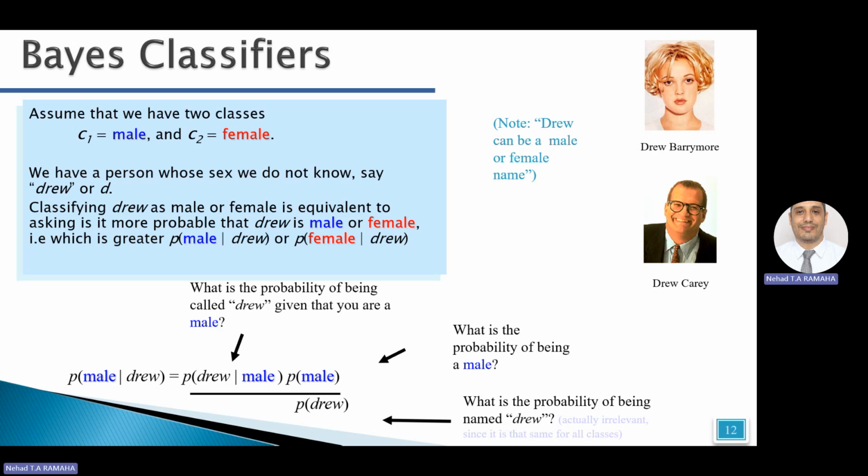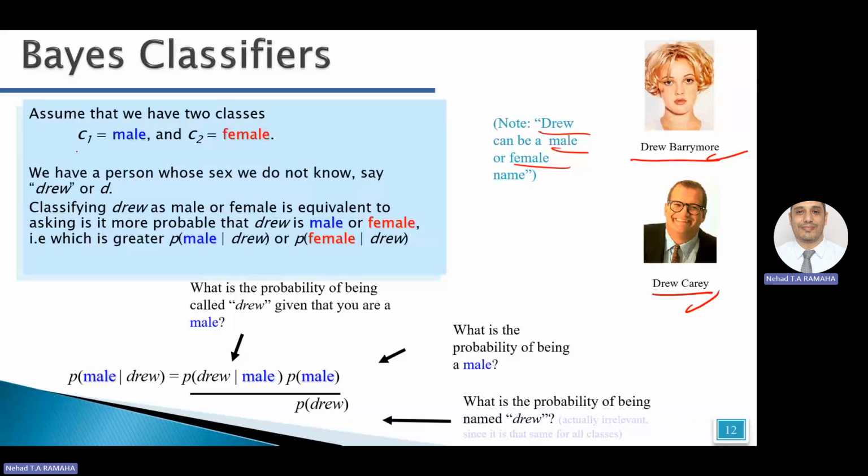Here, the name Tru could be for a male or female person. I know this one, an actor, but I don't know this one.